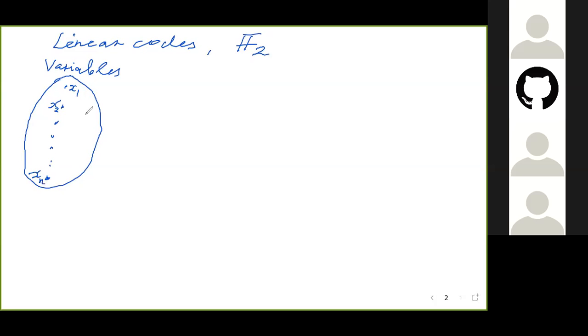So n is the block length. Each symbol of the code words is understood as a variable with two values. And each equation will be represented as a right node. These are linear equations.